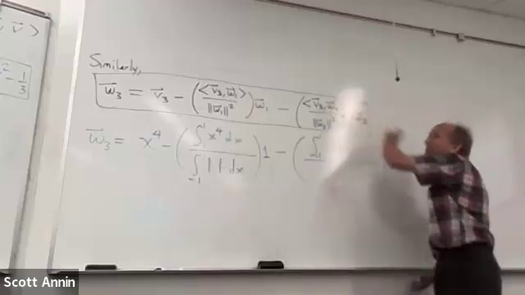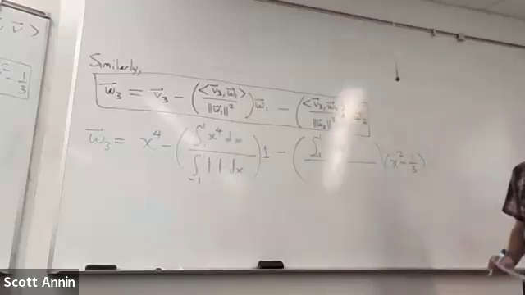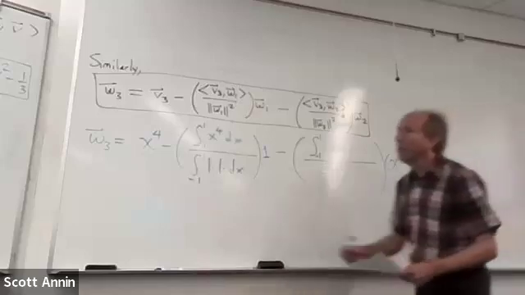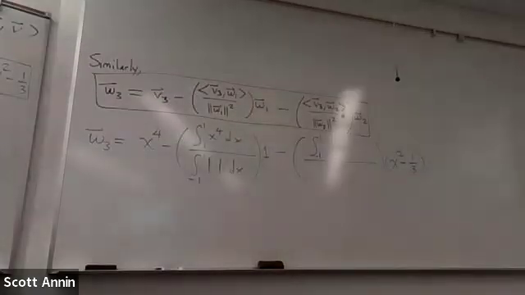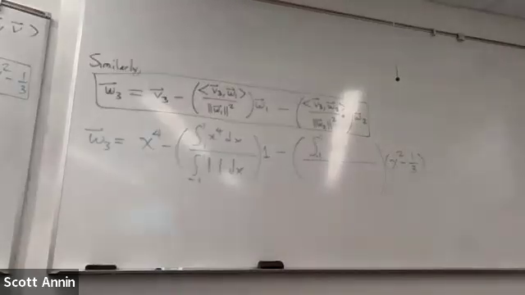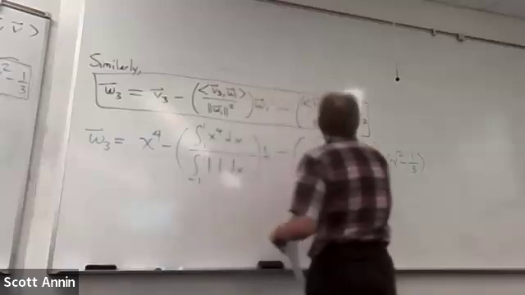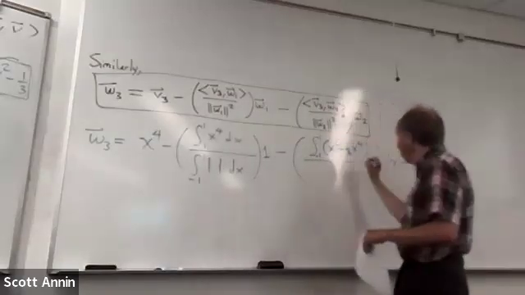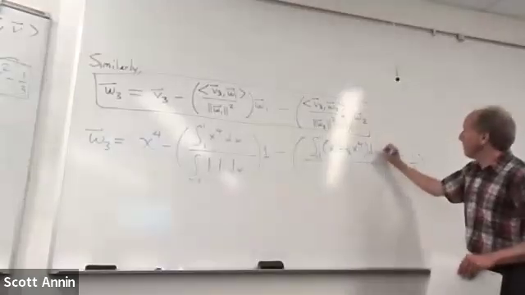Inner product of V3 with W2. So that's actually integrating V3, which is x to the fourth, and W2, which is x squared minus 1/3. So that's actually going to be integrating x to the sixth minus 1/3 of x to the fourth dx. That's on top.